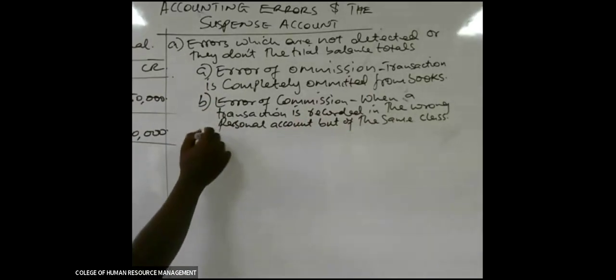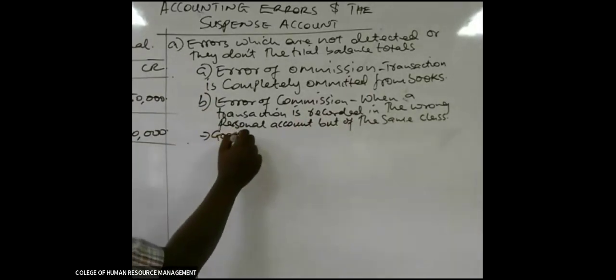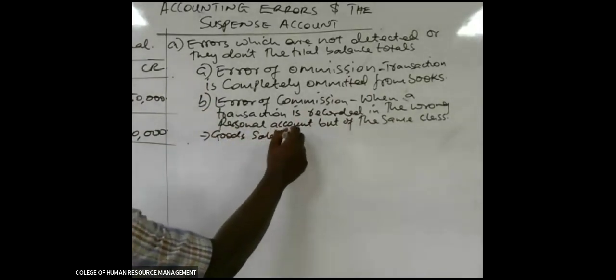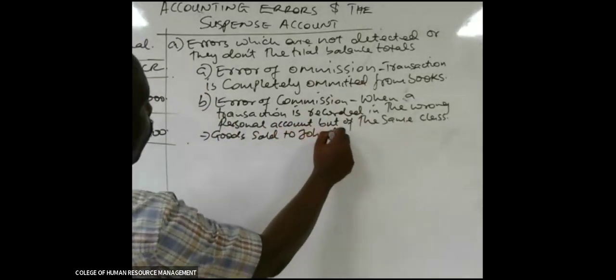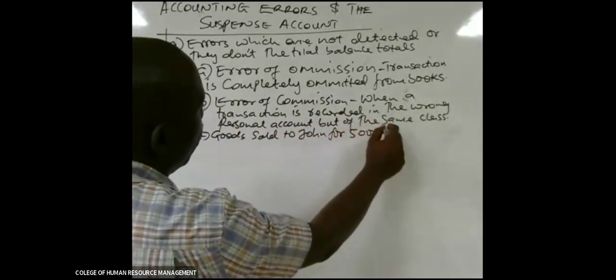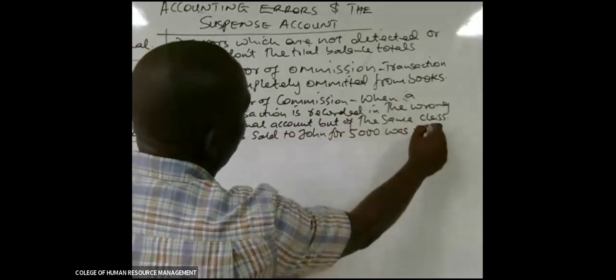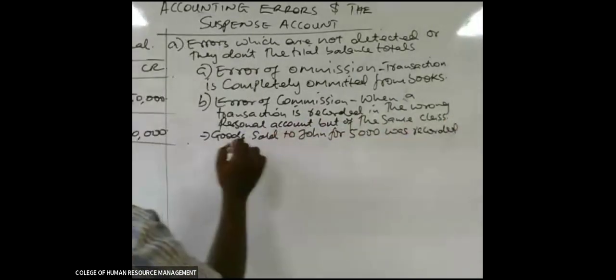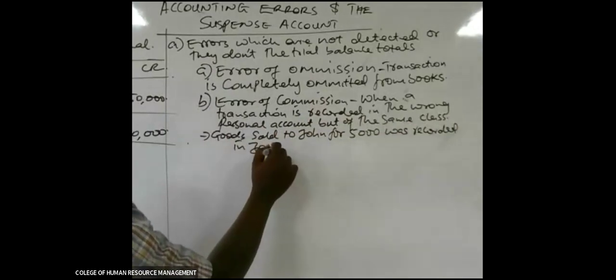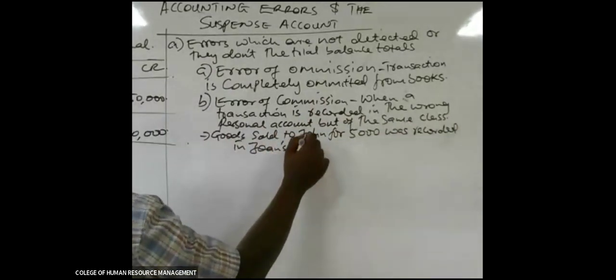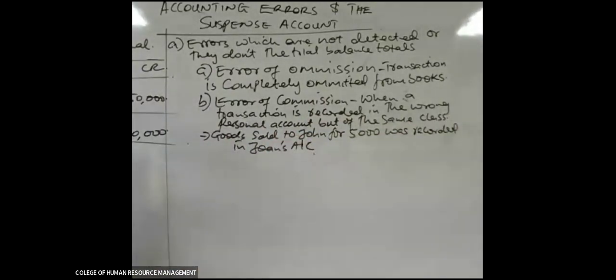You will have committed an error of commission. Like, for example, goods sold to John for 5,000 was recorded in Joanne's account. You are given an error like that.